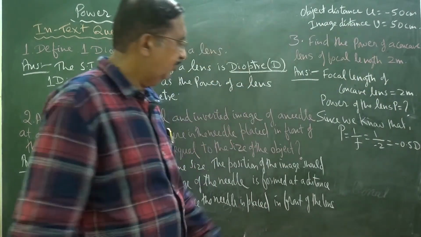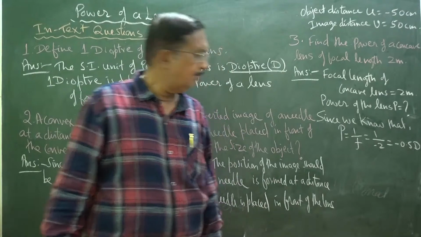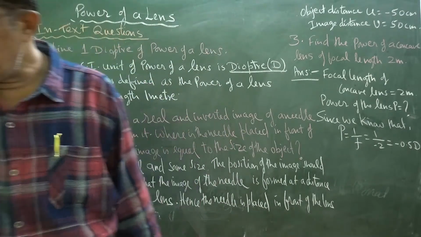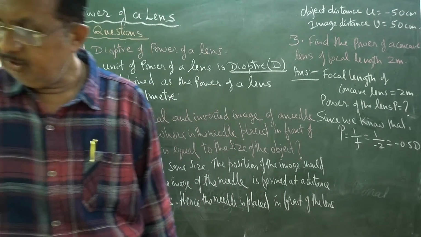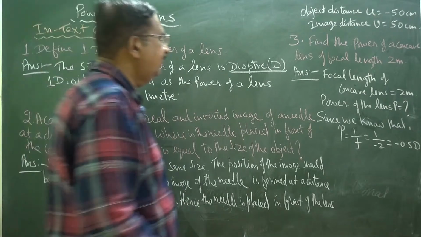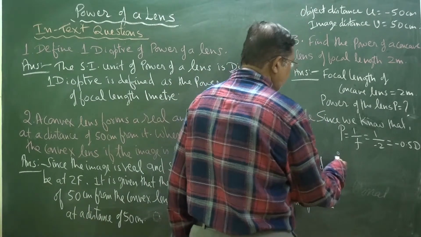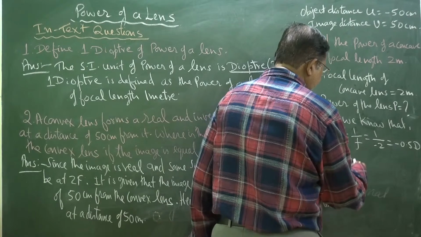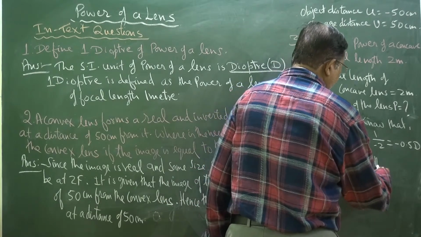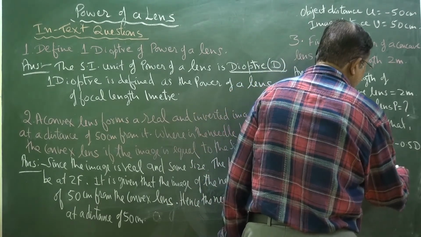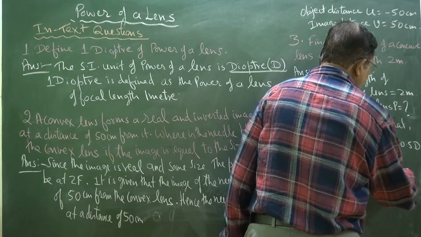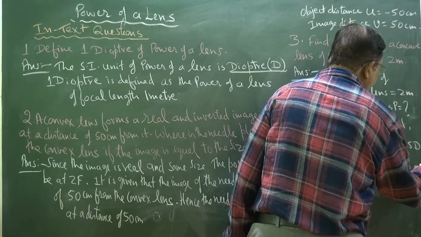Therefore, power of the lens P is equal to minus 0.5 diopter.